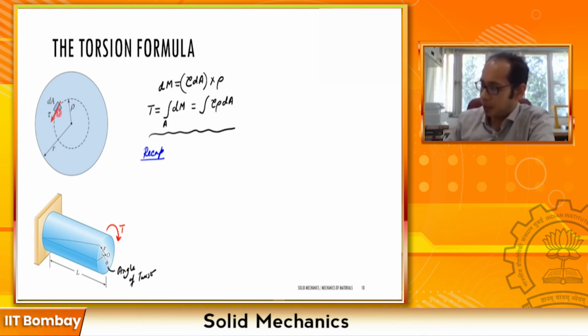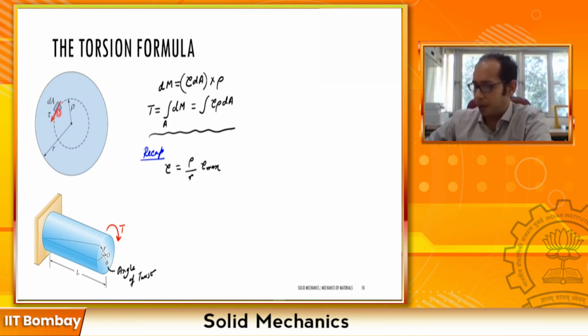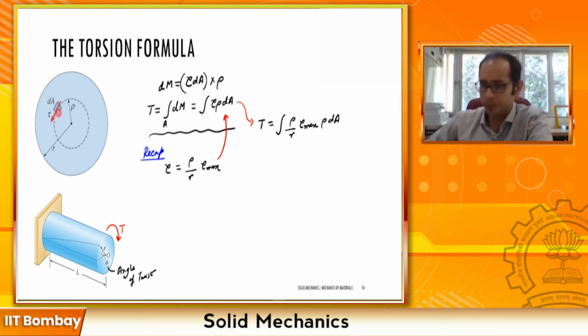In the recap, remember that what we had derived is that tau at any general rho was simply rho divided by r times tau max. We had derived this one before, right? Now if I go back and put this in this particular expression, what I essentially get is that my T becomes equal to the integral of rho by r tau max rho dA, right?